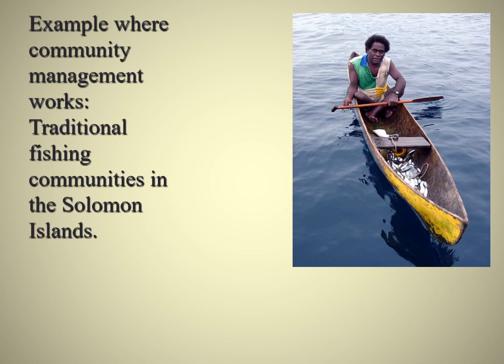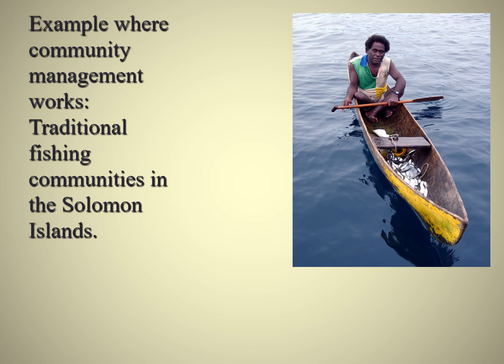There has to be things in place for this to actually work, right? It tends to be more conducive in small scale societies because everyone knows everyone, because people can actually monitor one another. And usually social stigmatization is enough to keep people from violating the rules. They also have taboos, certain areas that'll be kept off limits from fishing, like the mangroves during spawning, which is important to fish reproduction.